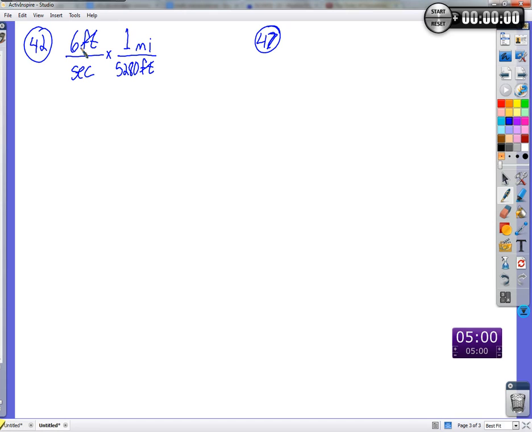So next, we're going to multiply by something that converts seconds to hours, or maybe we'll convert seconds to minutes, and then minutes to hours. 60? 60 what? Seconds in a minute, right? So we know we want to cancel seconds in the denominator, so we're going to put seconds up here in the numerator so that they cancel.